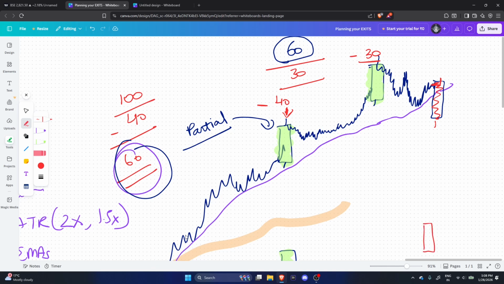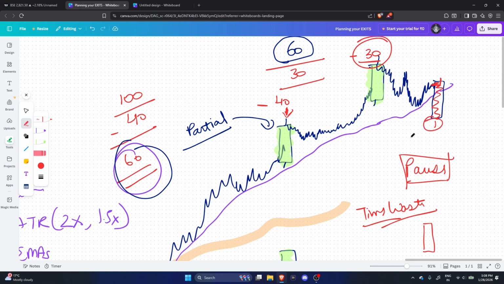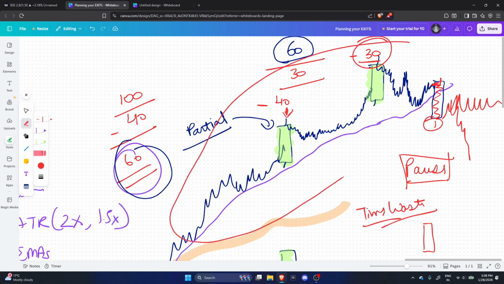So basically this whole uptrend is now coming to an end, or at least a pause, both of which are bad for us. It will waste our time, right? So exit the remaining 30 here and you're out. After this, the stock might correct or be flat, whatever. We are just focused on moves like this.